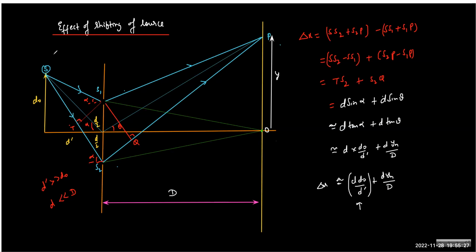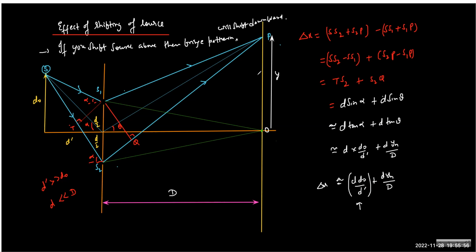So if you shift the source above, then the fringe pattern will shift downward. That's it.